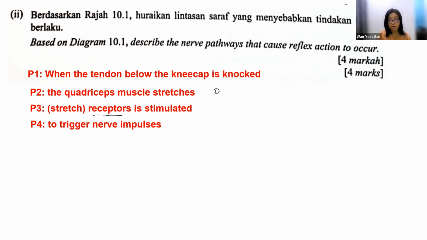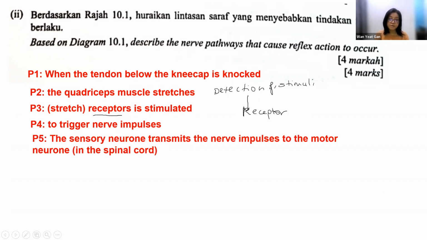So first talk about the detection of the stimulus. Next, who detects it? The receptor. Then the receptor triggers the nerve impulse, which is transmitted through the sensory neuron to the motor neuron.